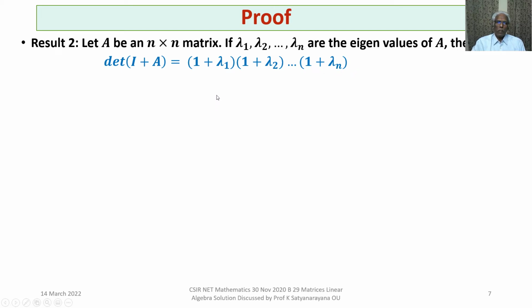And this is equal to 1 plus trace of the matrix A plus the sum of all 2 by 2 minors, plus the sum of all 3 by 3 minors, and so on and so forth. At the end, the sum of all n by n minors, and there will be only one n by n minor because it is of order n. So that will be determinant of A.